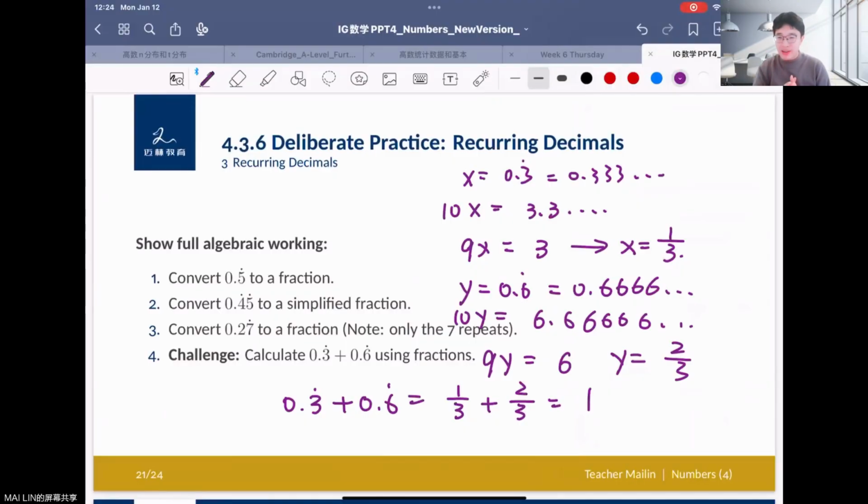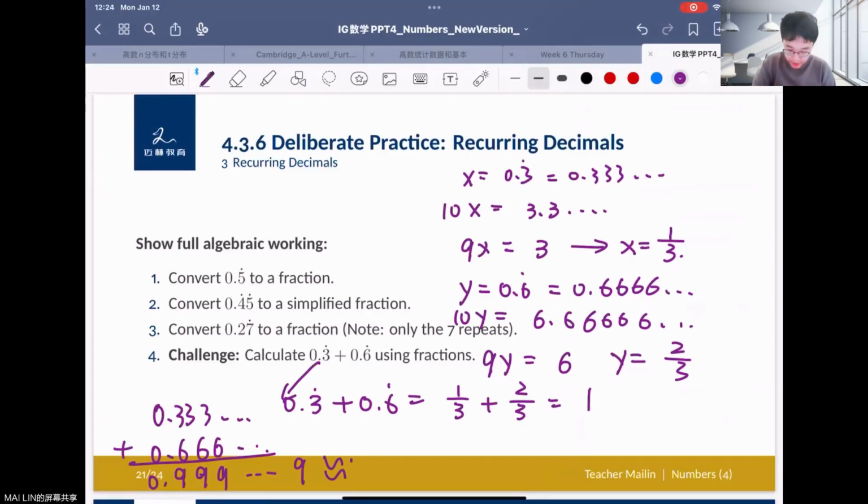Maybe you have a question: teacher Mai Lin, why is it that two decimals added together form a 1? Let's first consider that this is 0.3, a lot of 3s after this, and this is 0.6, a lot of 6s after this. When you add them together, that is 0.999, a lot of 9s after the 0. So you'll find this 0.999 is approximately equal to 1.